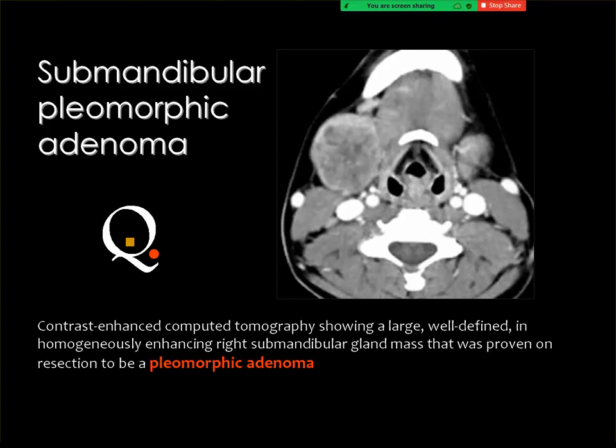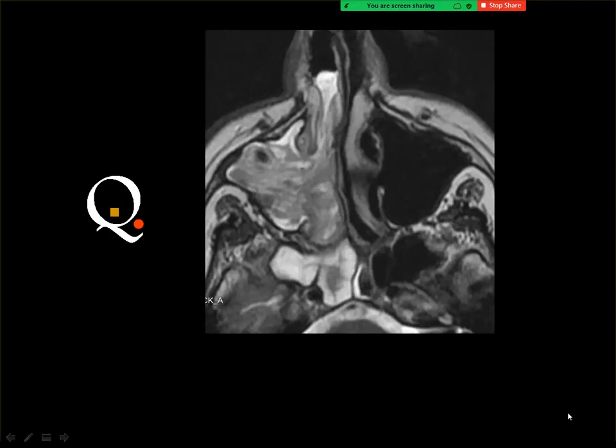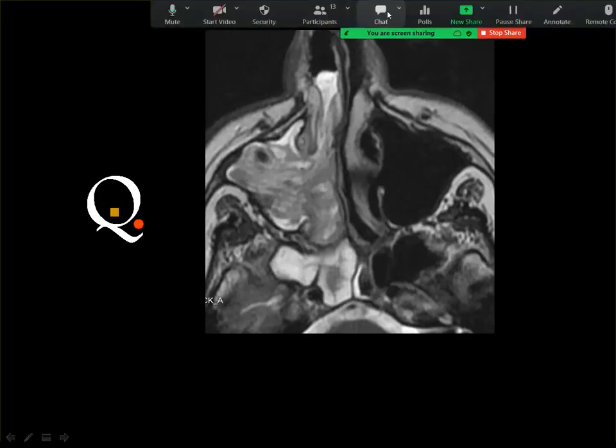But if the lesion is of intermediate signal or a little bit dark on T2 weighted images, then you assume the possibility of a malignant lesion, with many exceptions for this rule. Next case is a selected image from the paranasal sinuses MRI T2 axial image.